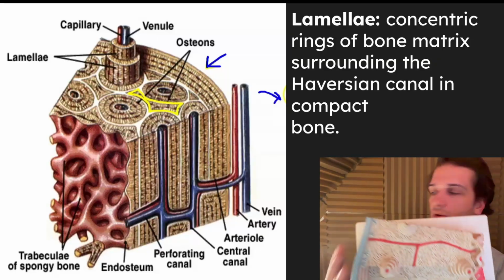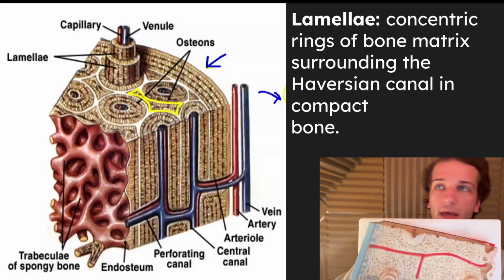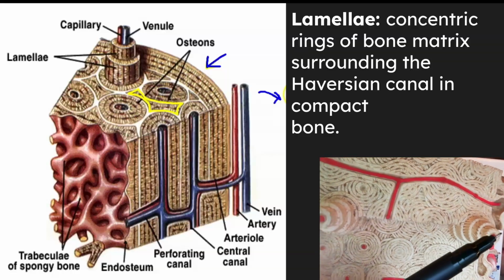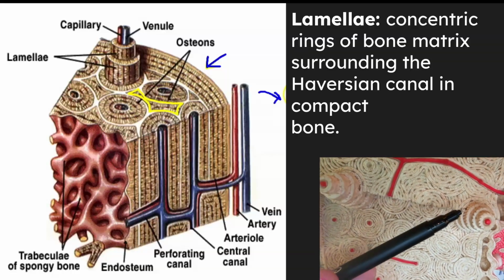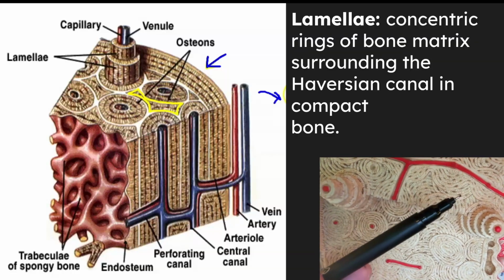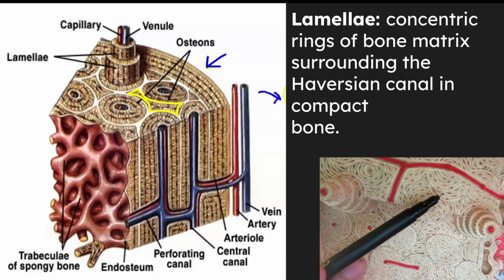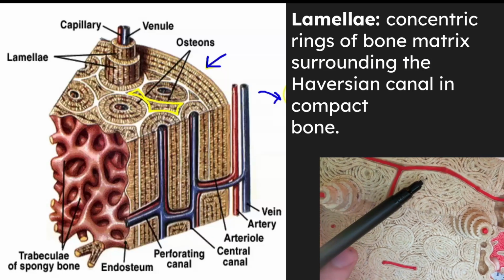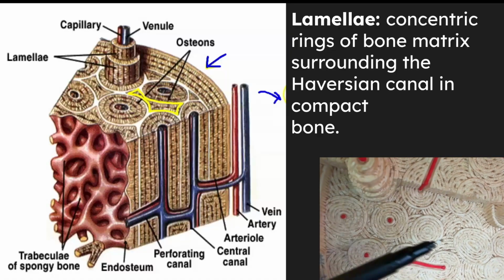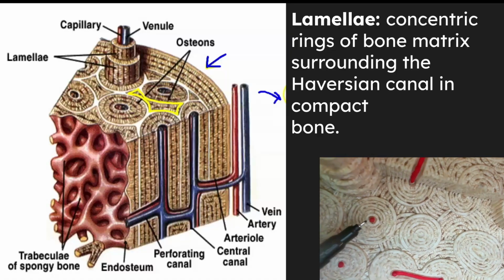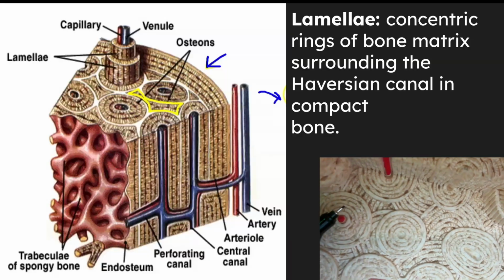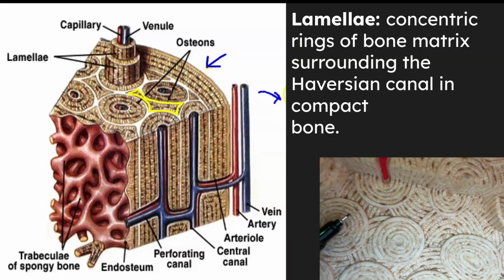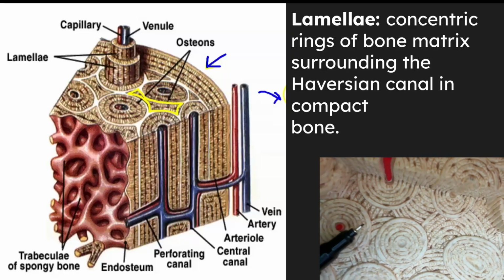And so what you'll see, and again, this will be way, way easier if I show you in class on the actual diagram. But if you see these little dots that all are going throughout, right? See these little dots here? Those are lacuna, right? With an osteocyte in them. And so if we look at this, you have lamella, the rings, with the osteocytes, the dots, sitting in those rings, right?